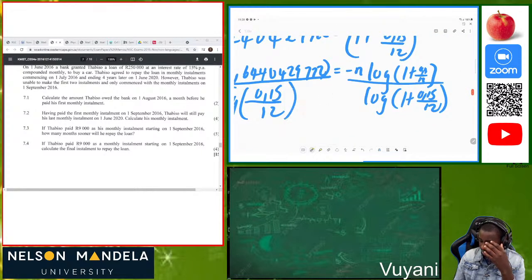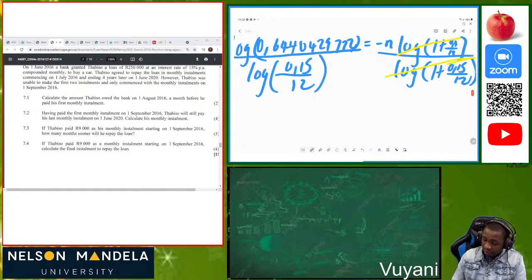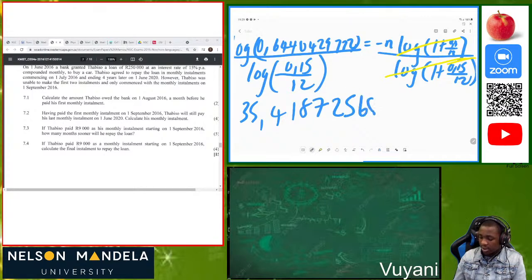Then this one and this one will cancel each other, and we're left with negative n. Using your calculator, you end up having 35.41872568 is equal to negative n.